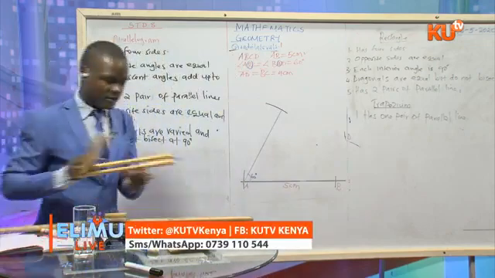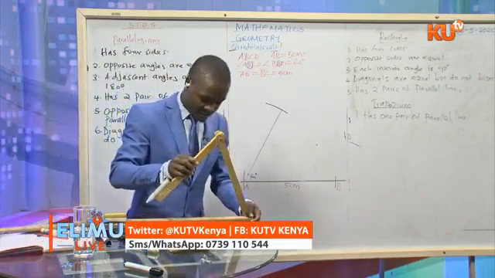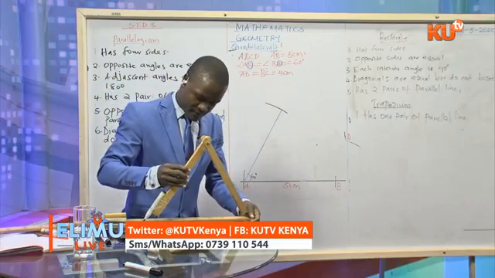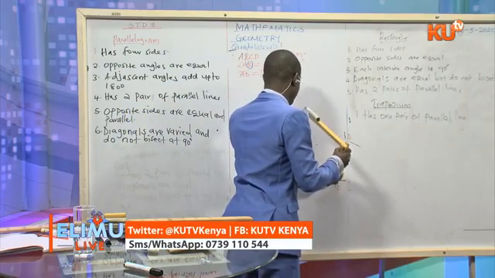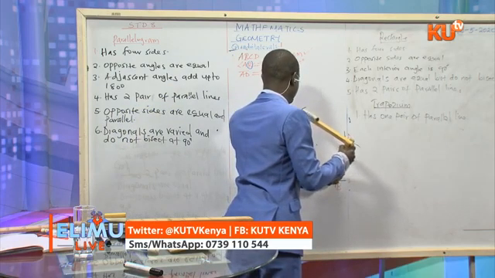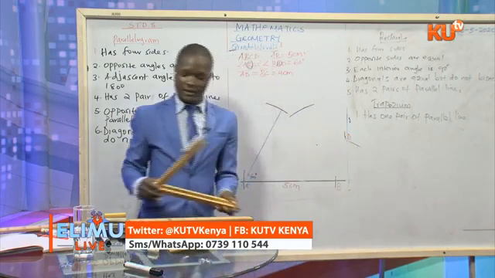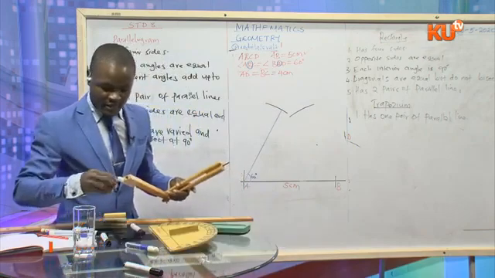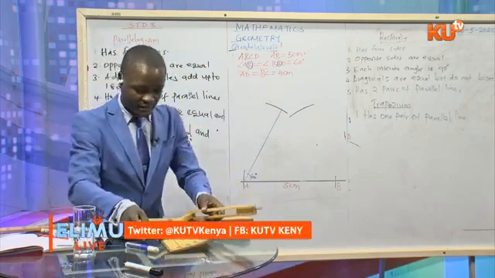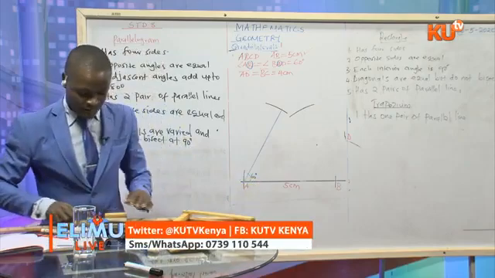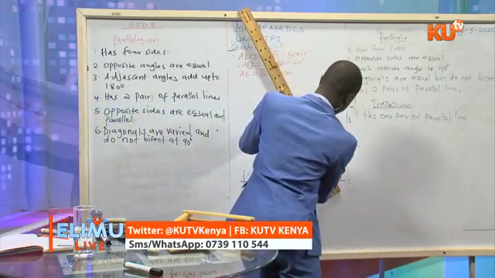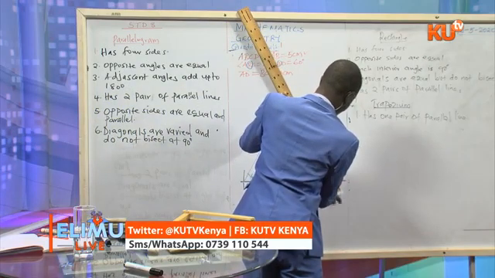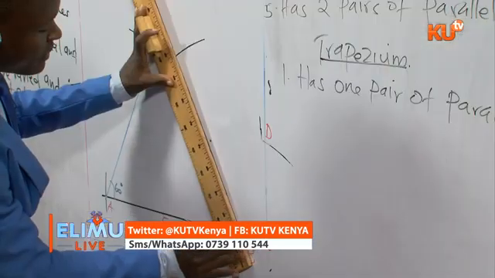Then you also measure 4 centimeters. Stand at B, draw the arc above the dot. After that, you join the line, having in mind where the dot is, because the dot will guide you.